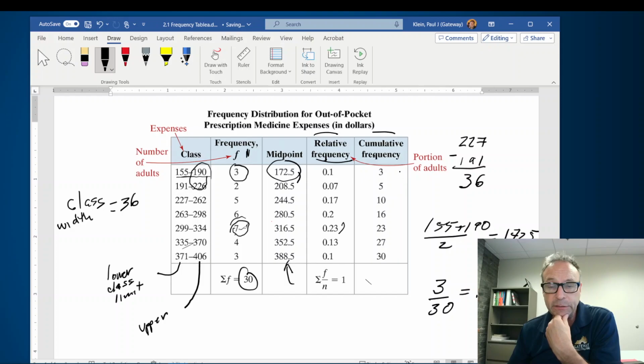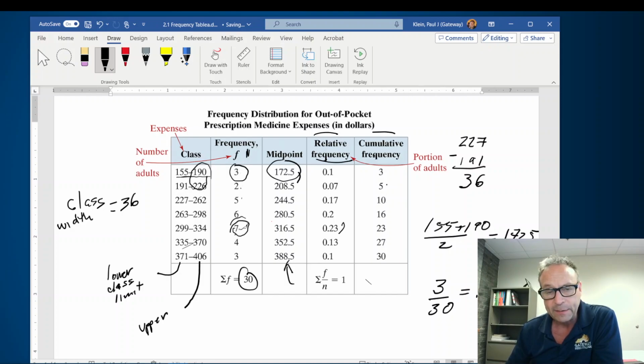Cumulative frequency. That means you take the first frequency and just bring it over. For the next one, you take the 2 and add it to all the class frequencies before that, so it's 2 plus 3, which is 5. Then it's 5 plus 2 plus 3, which gives you 10.